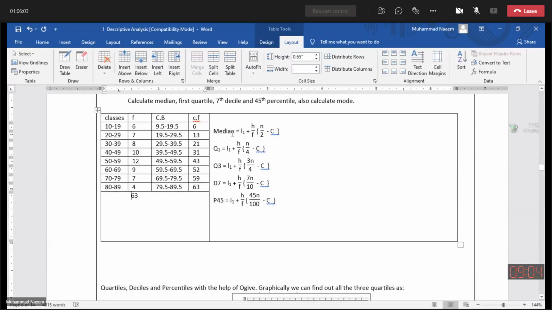Let me try median. First of all, find this ratio n by 2. What is n by 2? 31.5. Look at this value in cumulative frequency.